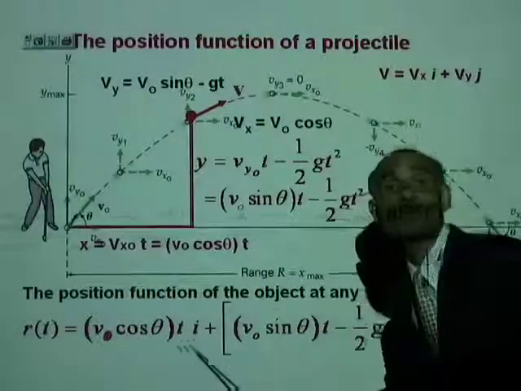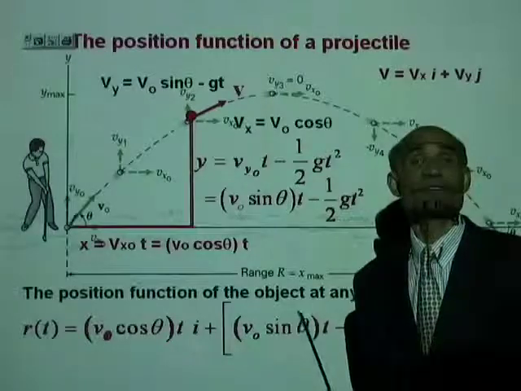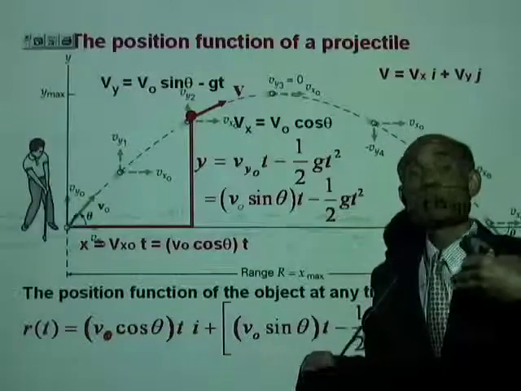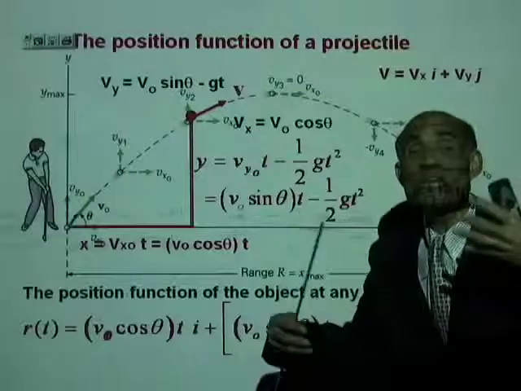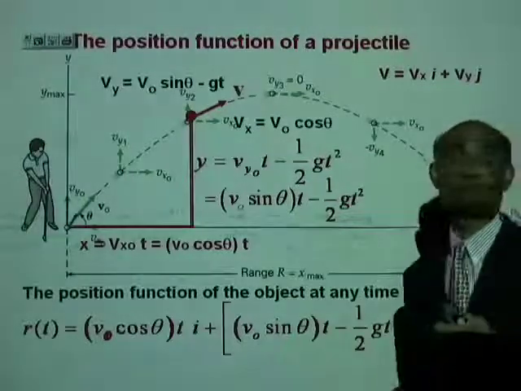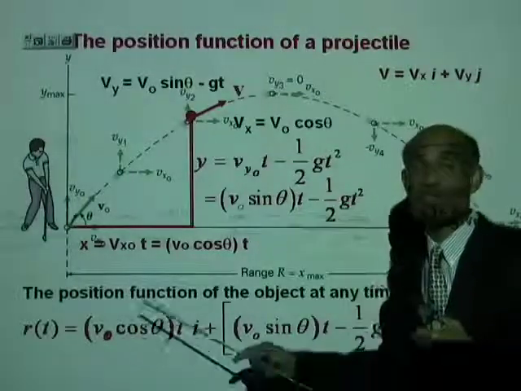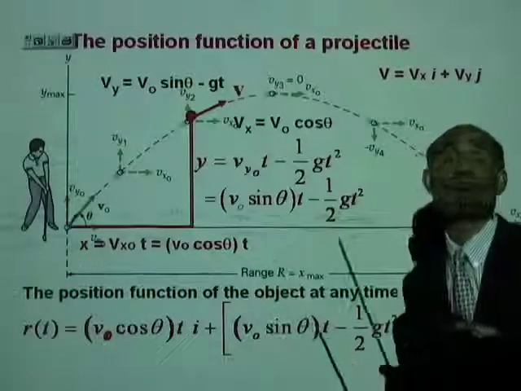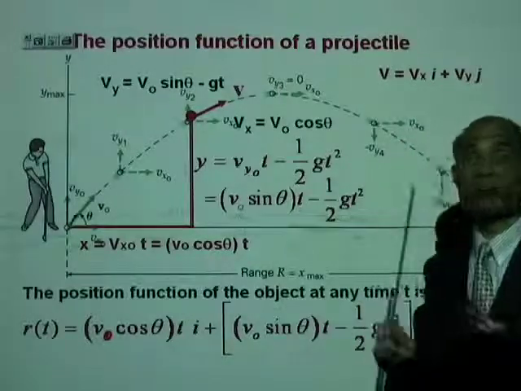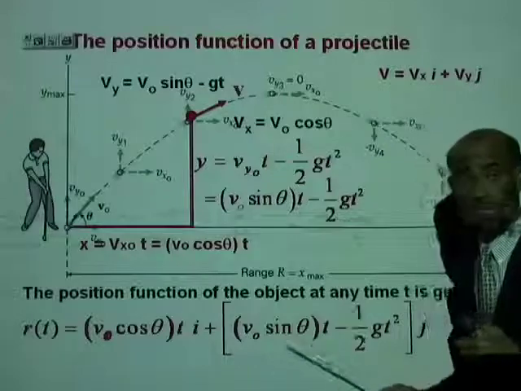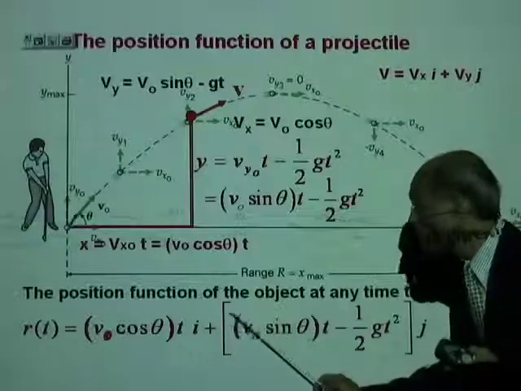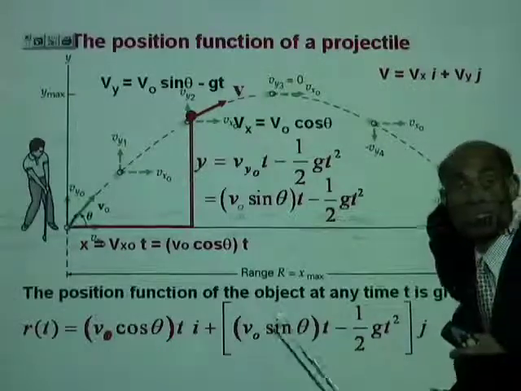Once you know the position function, you see, it will help you to solve any type of problem in projectile motion. You must understand the meaning of this projectile motion. Now let me ask you here, what is the value of, this is the y position, is that right? Yes.